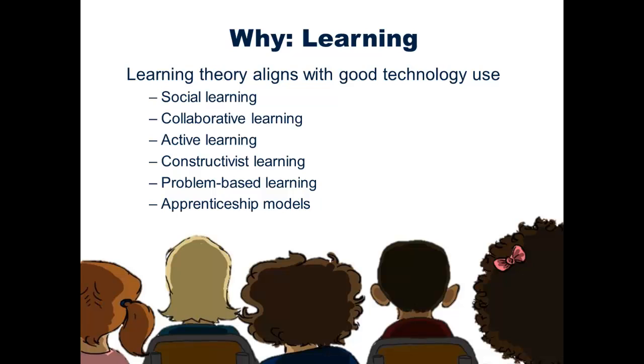So the fact that learning theory aligns itself nicely is an advantage because we're already applying these theories to our traditional educational environments. We now know that in the virtual setting we can apply these types of learning theories very well, and in fact certain technologies align themselves very nicely to these.